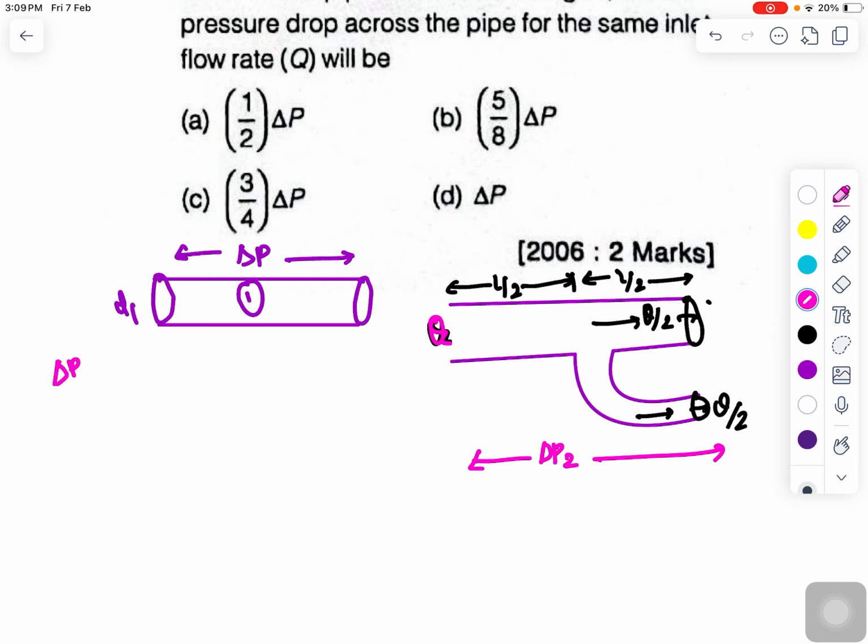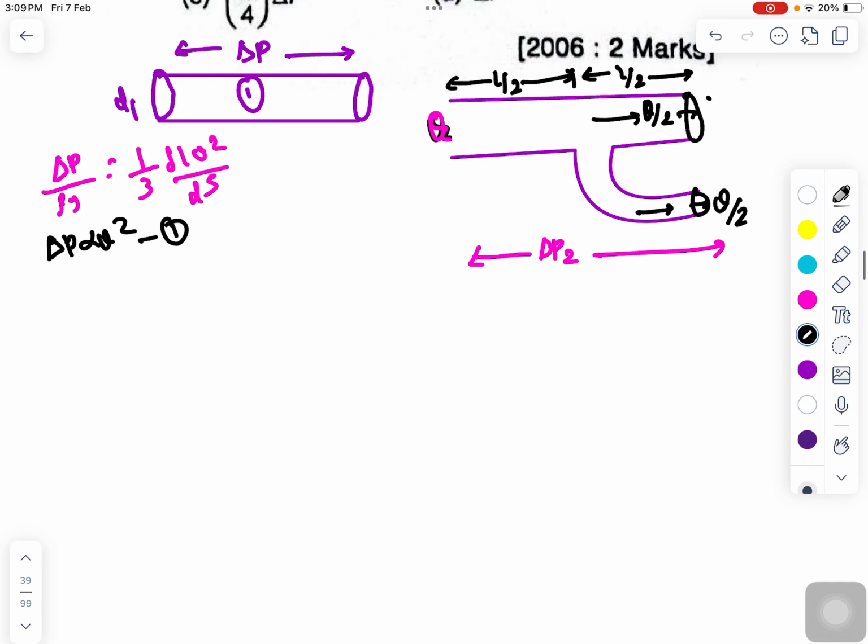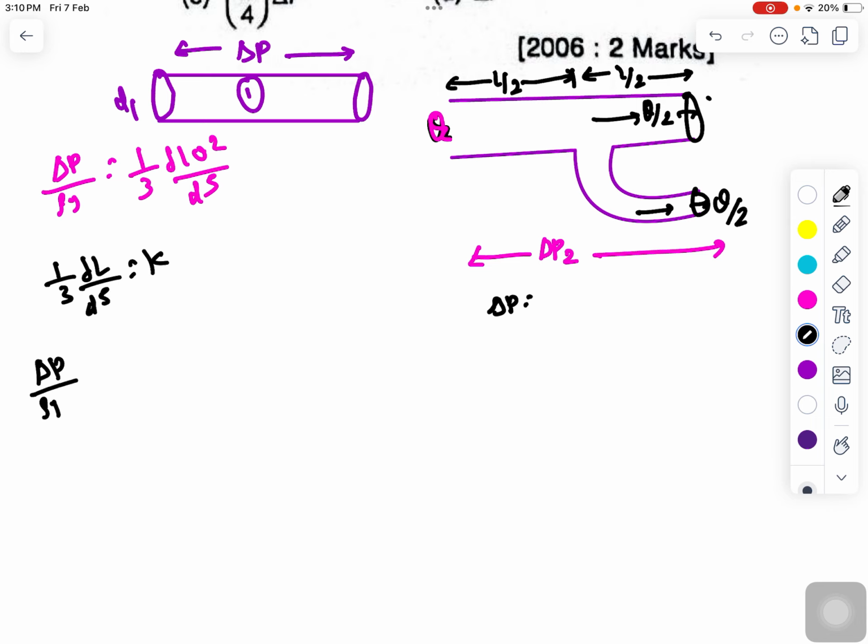So delta P divided by rho g equals 1 by 3 FLQ square divided by d5. The diameter is the same, so you can see delta P is directly proportional to Q square from this equation. If I assume that 1 by 3 FL divided by d5 is a constant K, then delta P divided by rho g equals KQ square. Is that clear? This is my first equation.